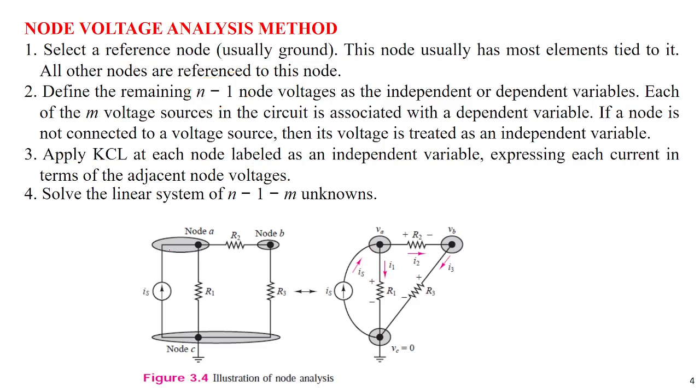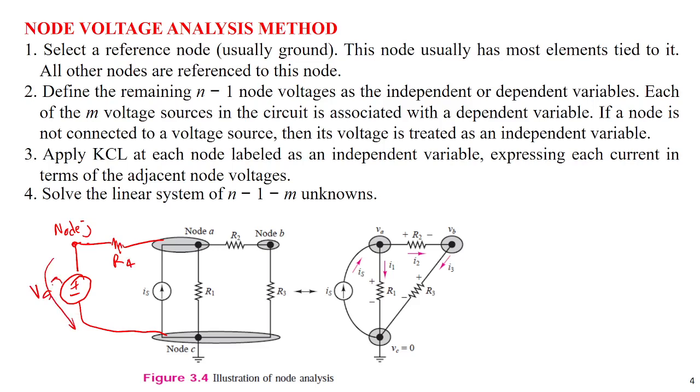So if we have a voltage source like this at node J, the voltage of node J will be equal to this voltage, right?